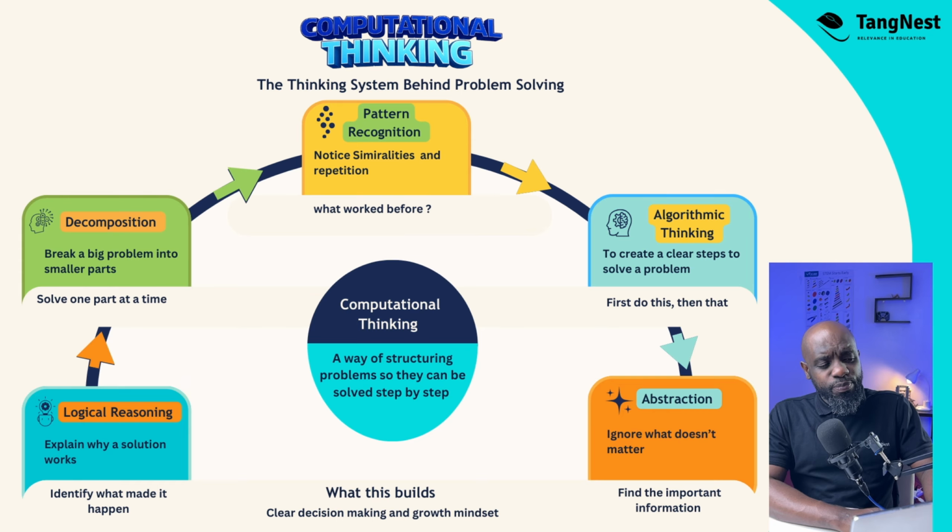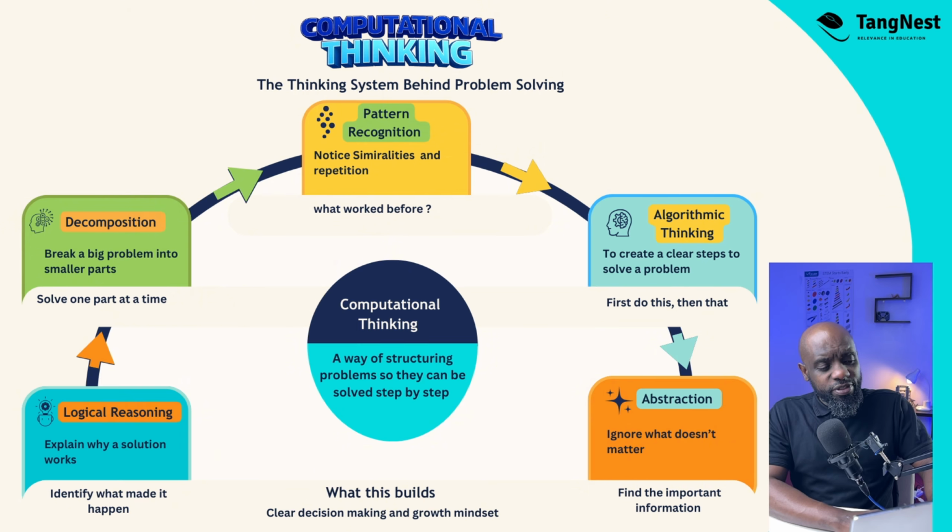So let me give you a simple example. Kids don't memorize decomposition, right? They develop the habit of taking a big problem and breaking that problem into parts. So the more they do it, the more it becomes a skill naturally.